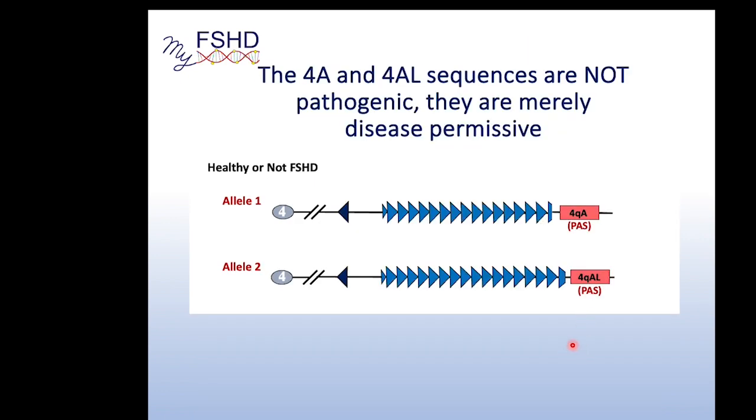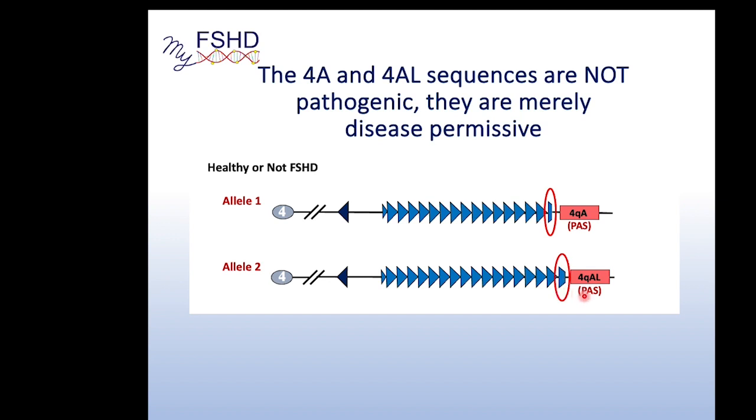Okay, so I keep mentioning 4A and 4AL. You'll see it written like this: 4QA and 4AL. So the subtelomere is actually the same. It's this last little partial repeat unit that exists. Some people call this 4A short, and this is 4A long. But you see this little difference here. We're just talking about this is the most common in the human population, and this is the next, which is going to be a little bit longer. Why does this matter? It adds a little bit more length for diagnostics, which is important.